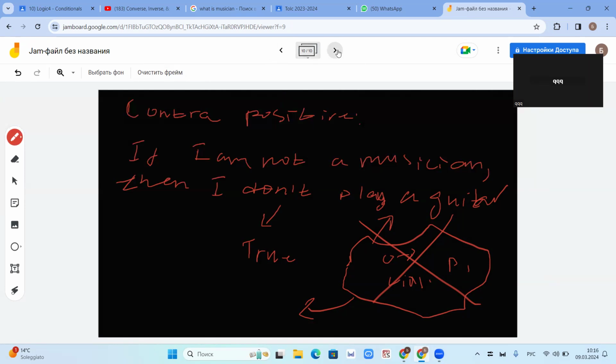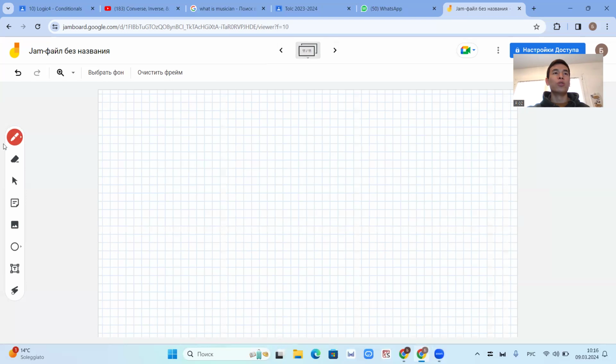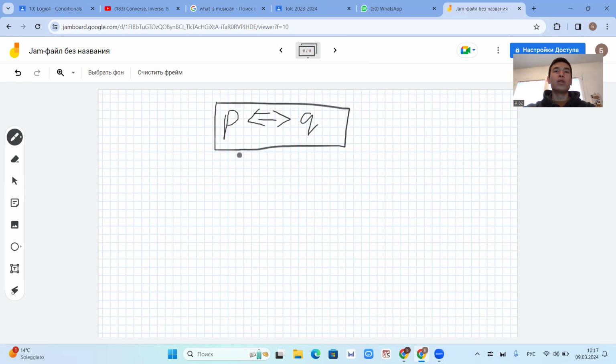Да. Окей, тогда мы переходим в следующую. Обратно перейду в белую. Я думаю, белая более удобнее. Что если у нас будет вот такая вот форма? P implies Q, and automatically Q implies P, and both are true. It means that our conditional statement is true, and our converse statement is also true.